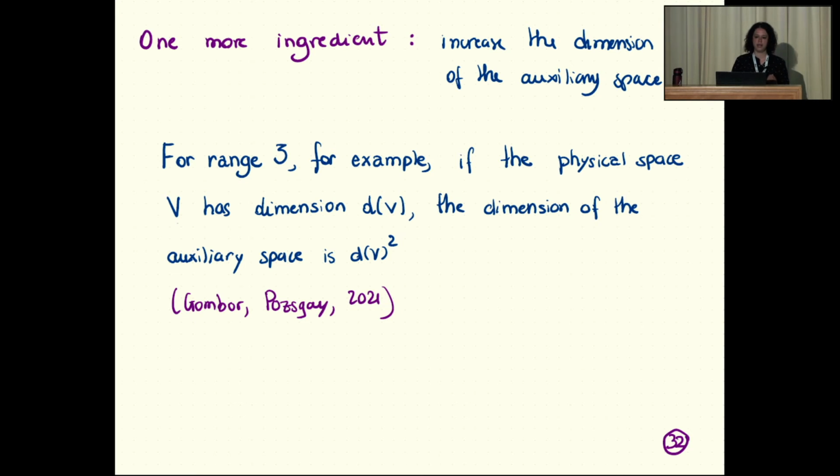They realized that if you increase the dimension of the auxiliary space, you can use this to get these longer range deformations, in comparison with the nearest neighbor, this finite long range. So for range 3, for example, if your physical space has dimension d of V, for the dimension of the auxiliary space you put the square. And then you can do many things, so we will use this here.